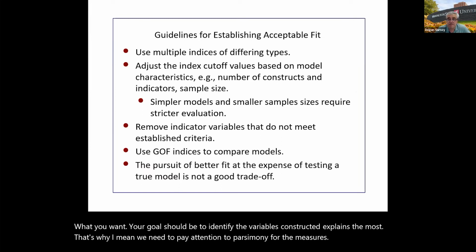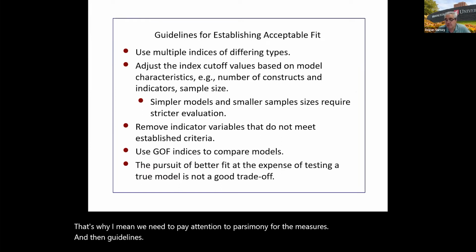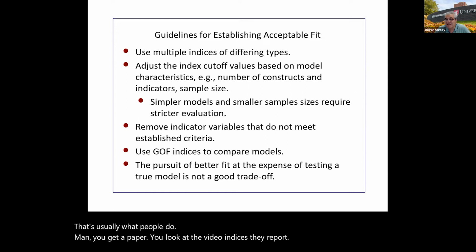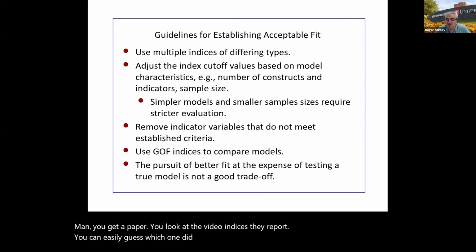And then guidelines: use multiple indices. Don't report only the ones that work. That's usually what people do. When you get a paper, you look at the fit indices they report. You can easily guess which one they didn't report because it didn't work, because they never report those.